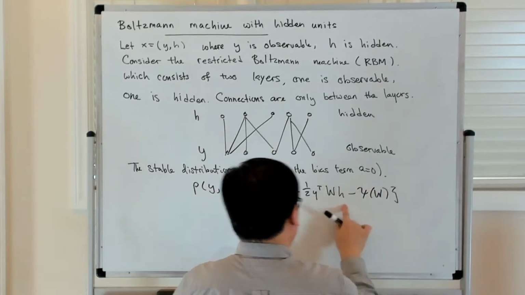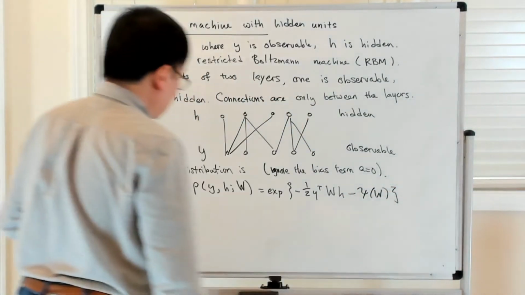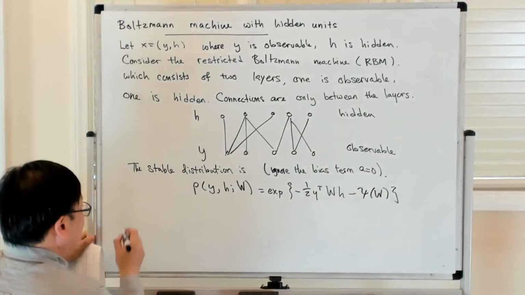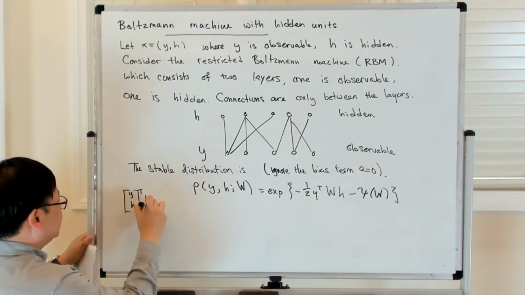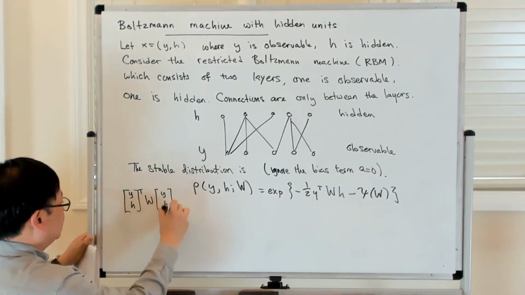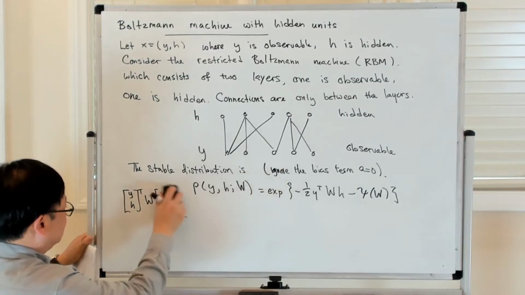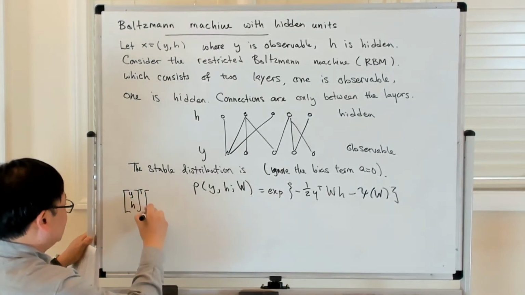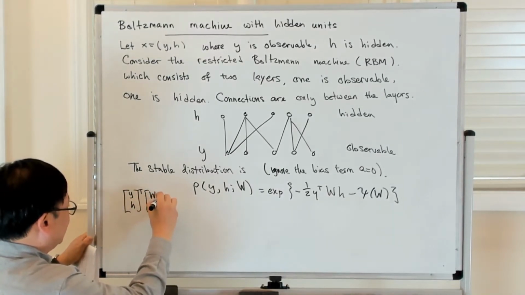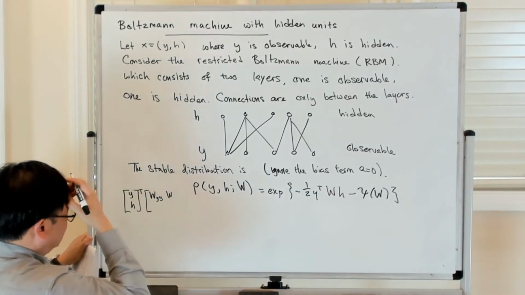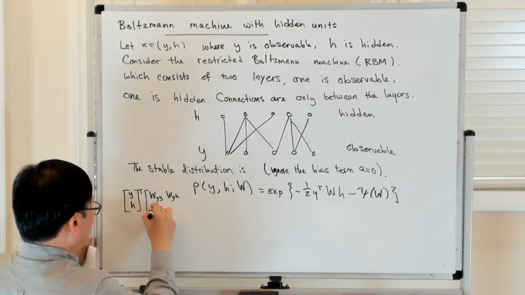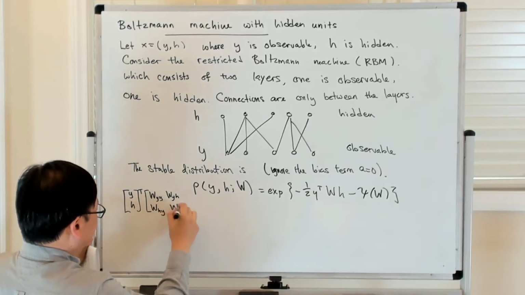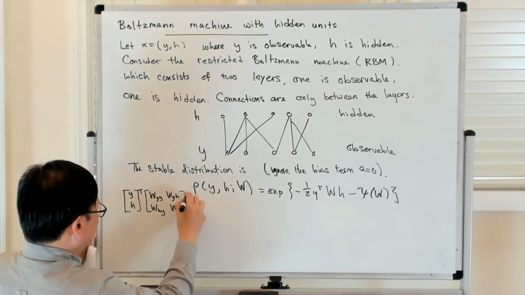Right, so normally what you would have done is that you would have written this as something like (y, h) transpose W (y, h), right? And in particular, I would have written this as W_yy, for example, W_yh, W_hy, and W_hh, so to speak, right?